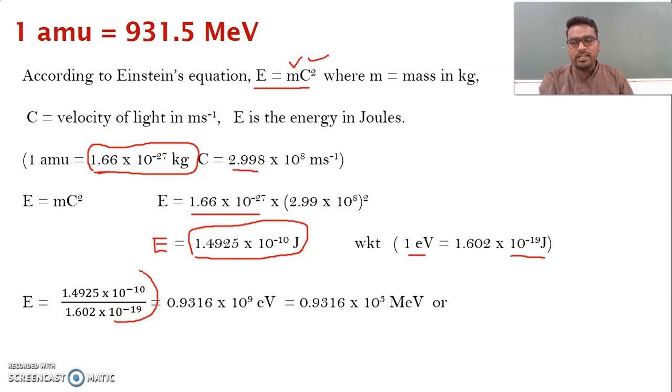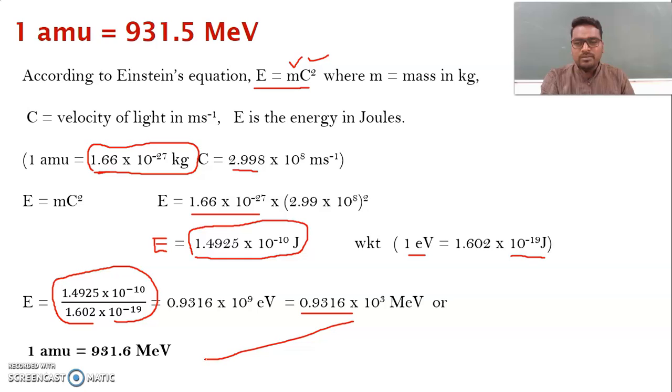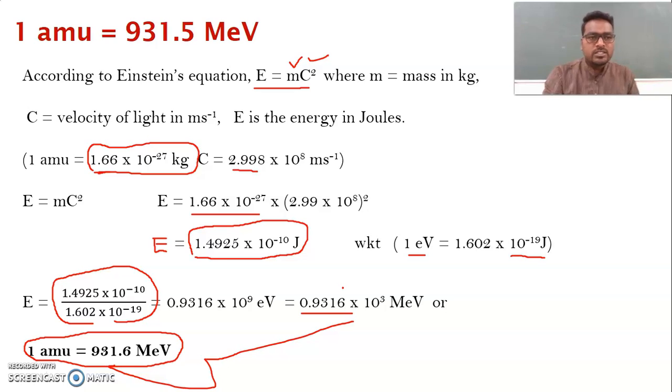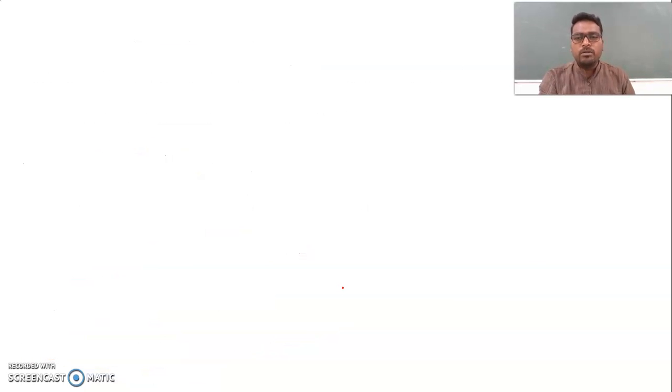If you simplify this, finally we get 0.9316 into 10 to the power of 3 mega electron volt. So 1 AMU is nothing but 931.6 mega electron volt. This is also needed during solving numerical problems.